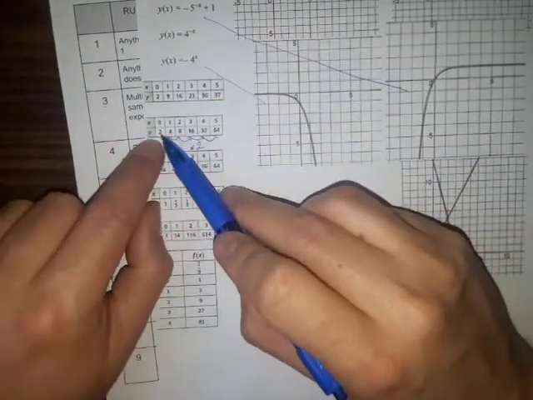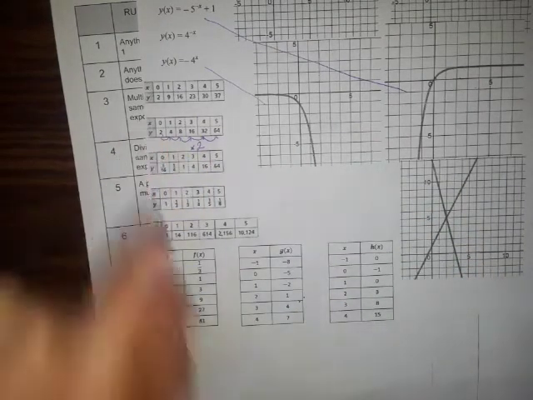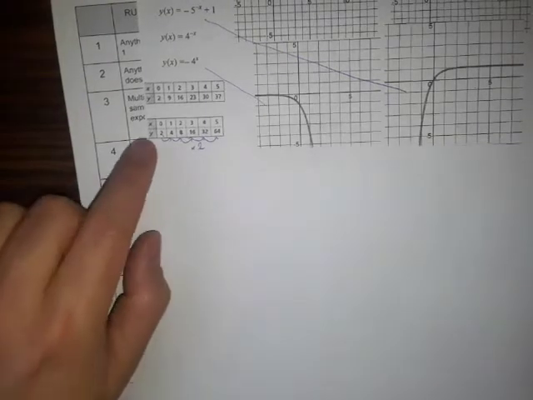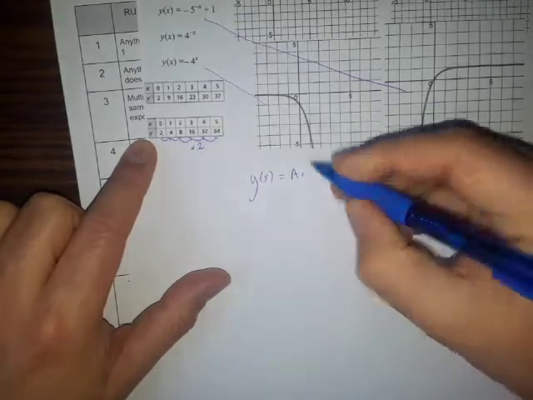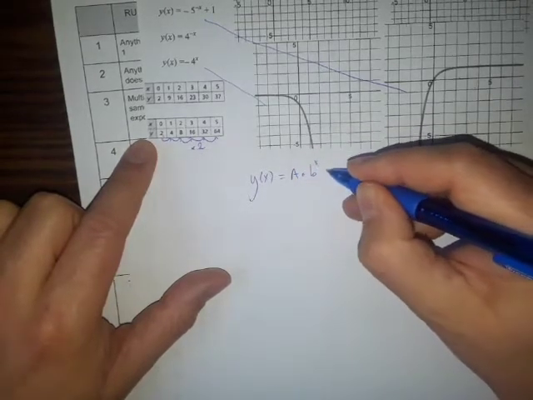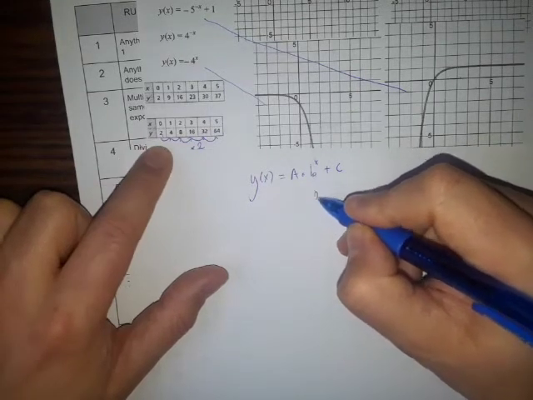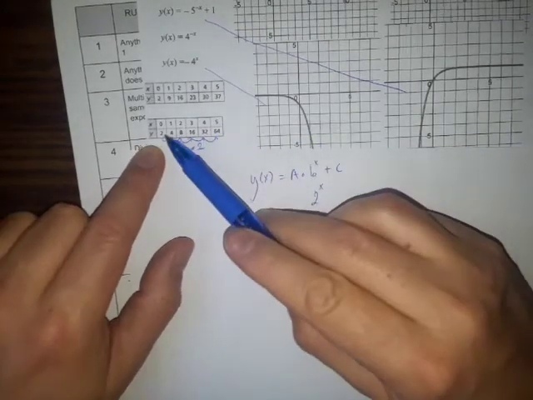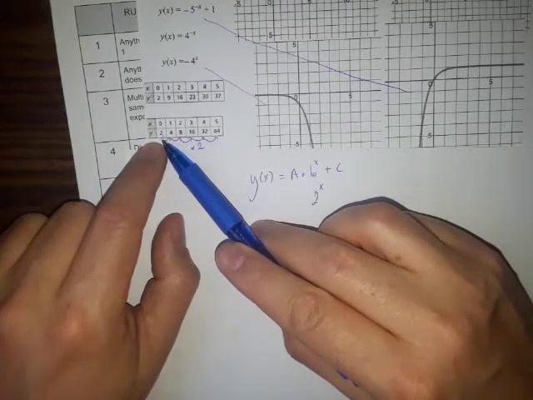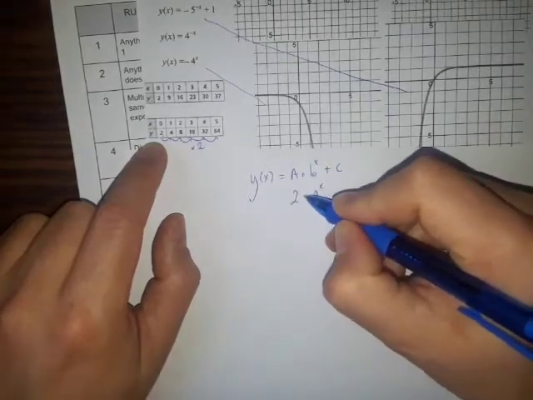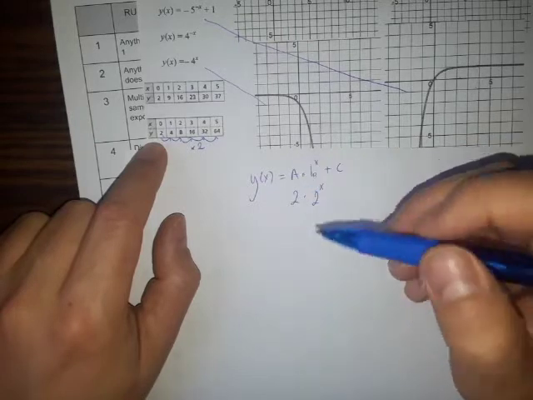But you see when it's 0, it's 2, so that means that for this one here, as 0 is 2, if we have y equals a times b to the x plus c, right? b is going to be 2 because it's the multiplier. But then as the beginning starts with a 2, that means a is 2, right?